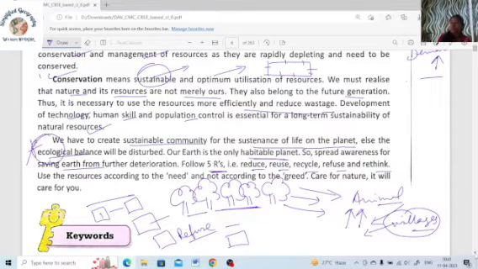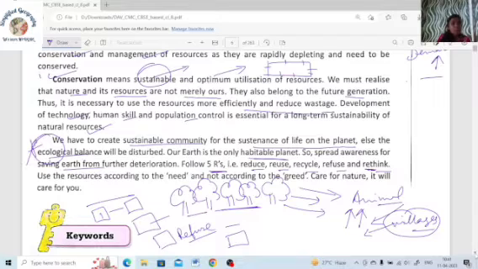Before throwing garbage on the street, before cutting a tree, before plucking flowers from the tree, before damaging the environment, rethink. Before leaving taps open, rethink that you are having abundance of water. Some people who are living in desert or semi-desert regions walk miles early in the morning to fetch water. So rethink before you do anything wrong to the environment.